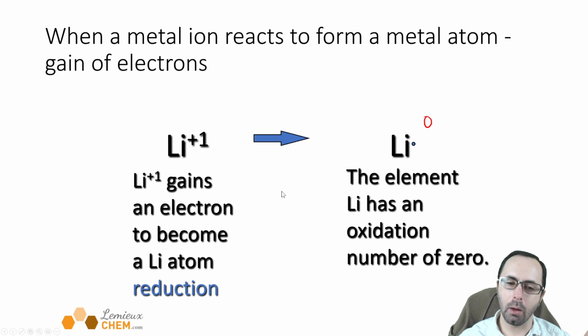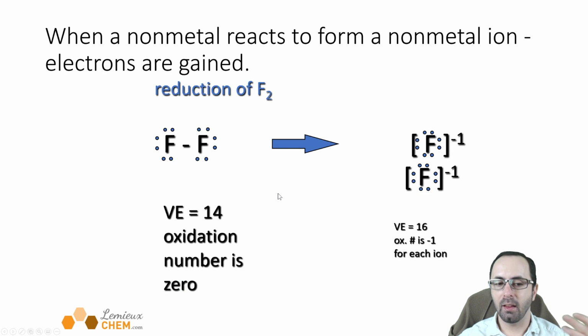Now what about for nonmetals? So let's take the nonmetal, fluorine. Now fluorine comes in molecules like this, F2. This is what's called a Lewis structure for a molecule. We're going to be doing those a bit later. But in total there are 14 valence electrons. Each fluorine has 7. There's 0 charge here, 0 charge.